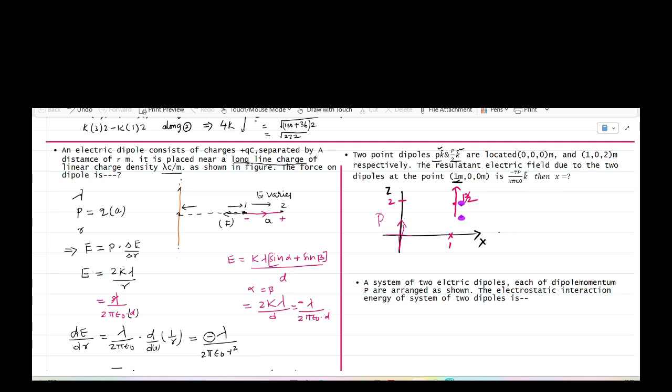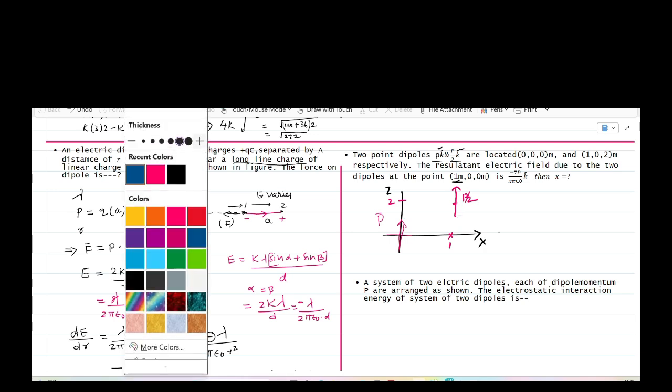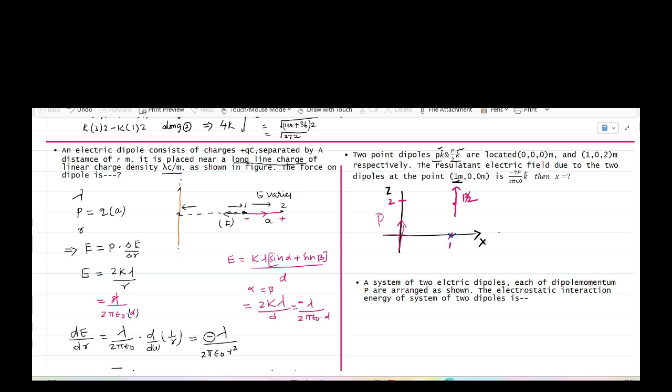We are asked to find the resultant electric field at this point. By seeing the diagram itself, we can say this point is on the equatorial line for the dipole P.